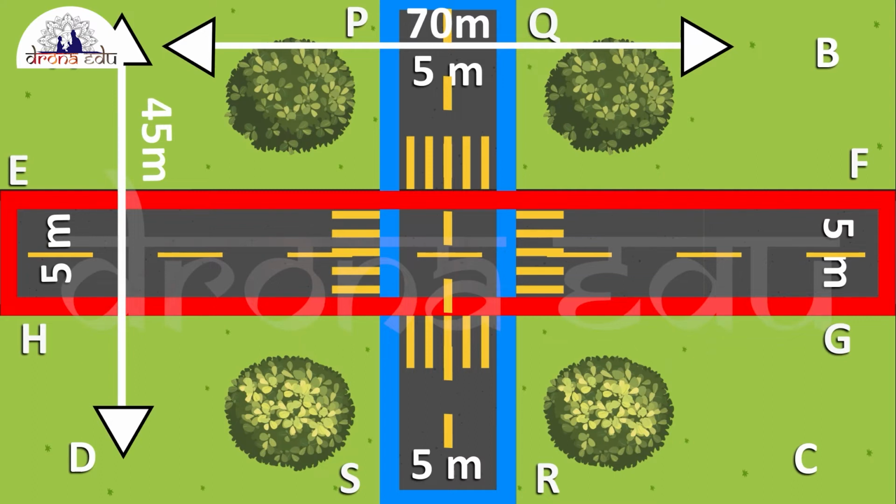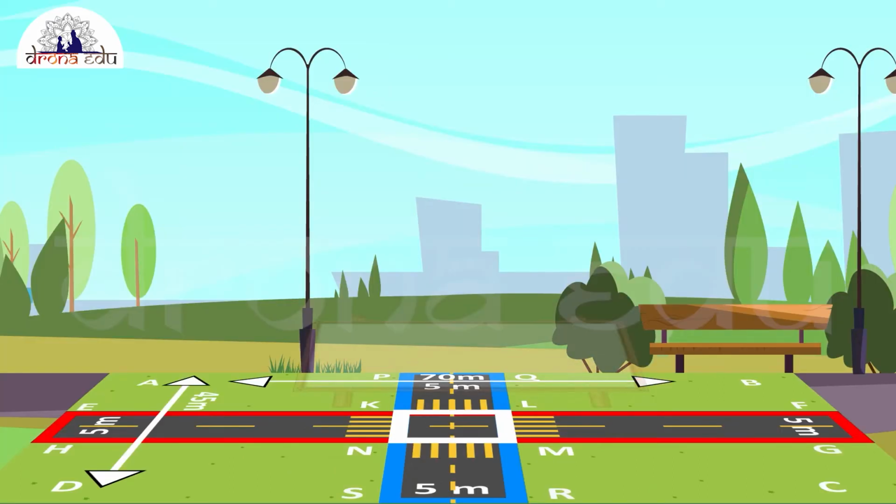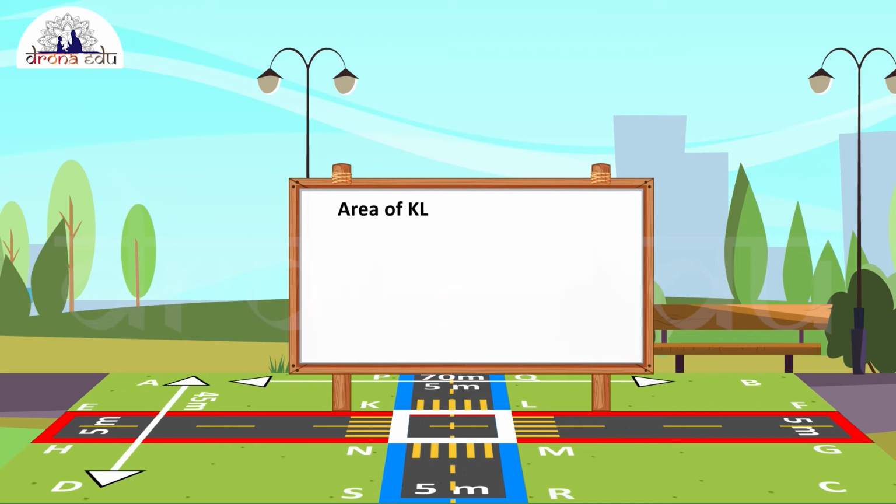You might have noticed that we walked twice on the path at the center, so we have to remove the area involved in that walk, that is the area of the square KLMN. Here the area of KLMN is equal to KL into MN, which is 5 into 5, that is equal to 25 meter square.